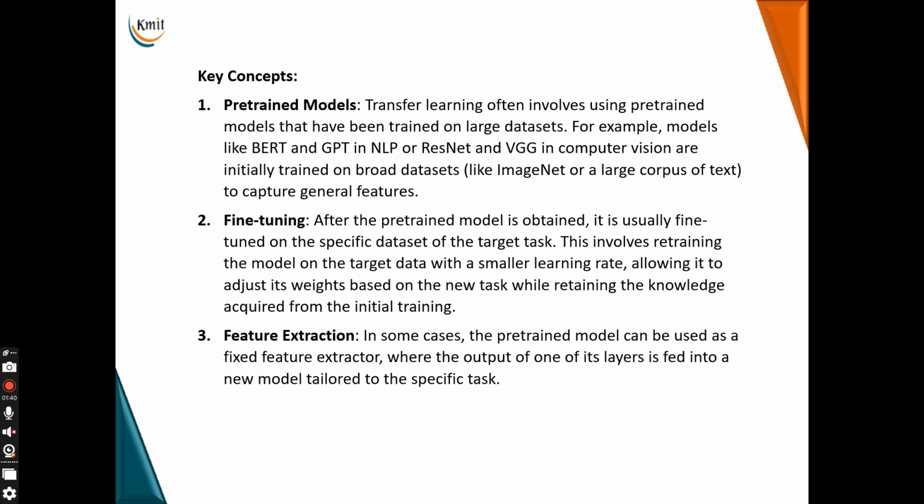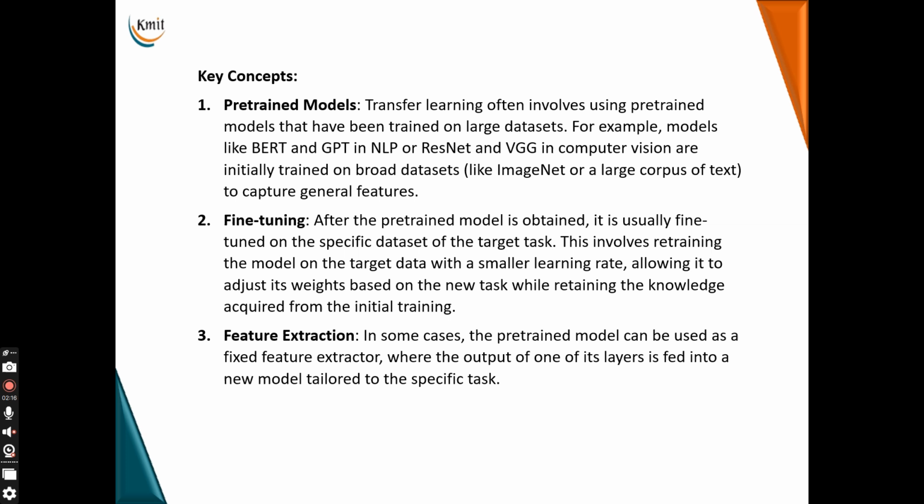For example, we take help of BERT, GPT whenever we are working with NLP, or ResNet and the like whenever we are working with computer vision tasks, which are trained on huge data sets. And they have already captured not only task specific knowledge, but also general features for a specific task.